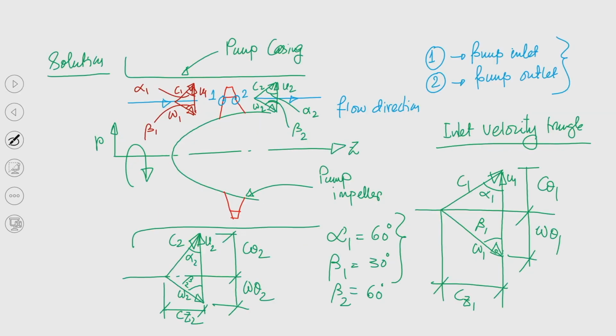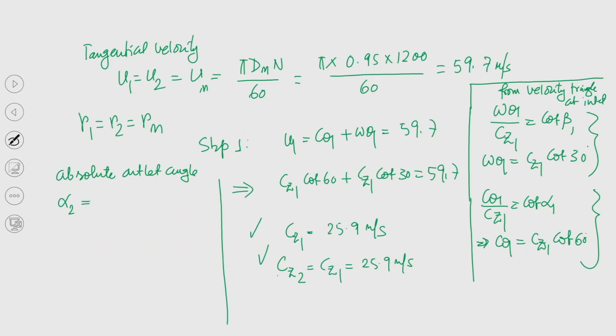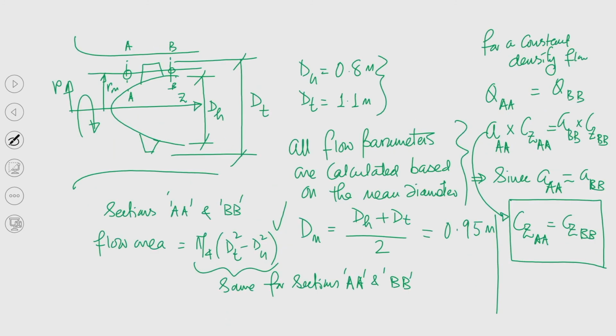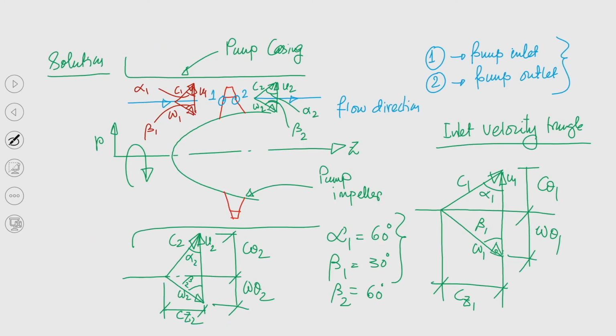So, now how can we calculate alpha 2? Can we look at the velocity triangle at the outlet? We know Cz2, we also know u2, so we have to calculate alpha 2.